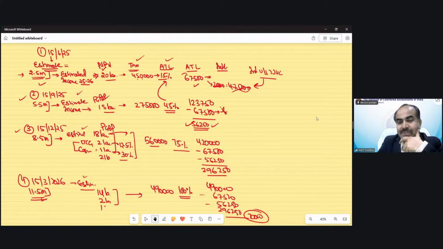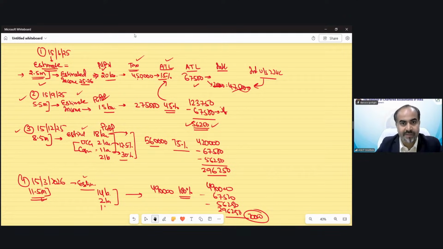Is advance tax mandatory? Yes. If the estimated tax liability is more than 10,000, then it is yes. Suppose someone's estimated tax liability is less than 10,000, then there would not be any advance tax on the date of installment. Clear?